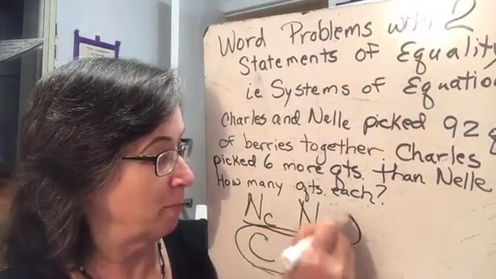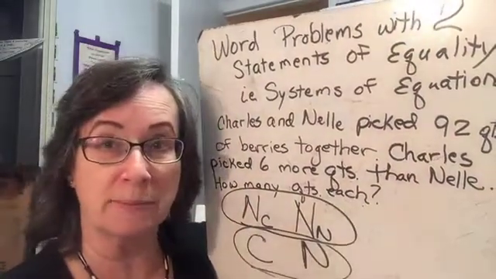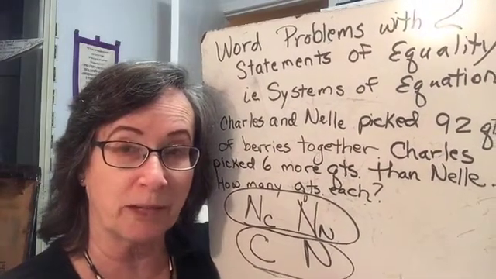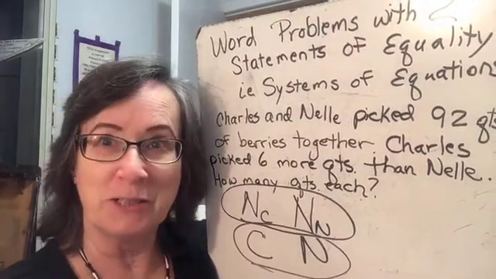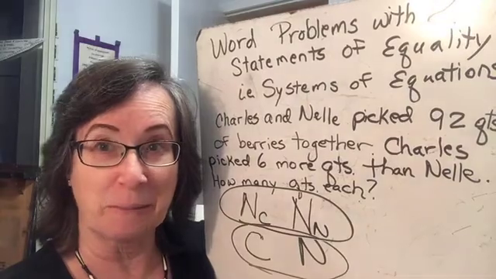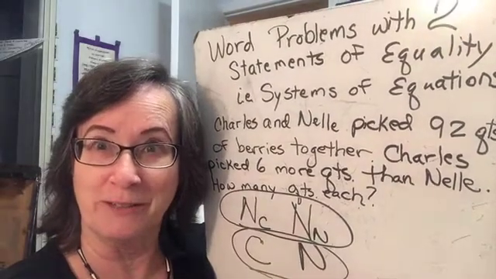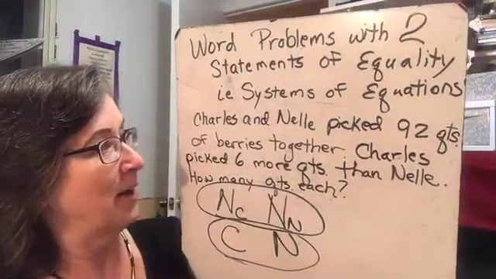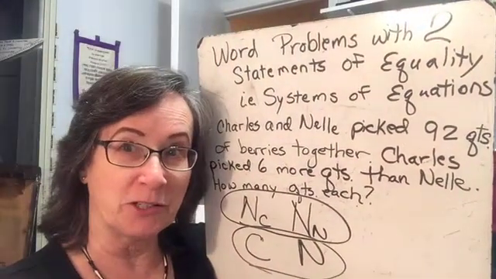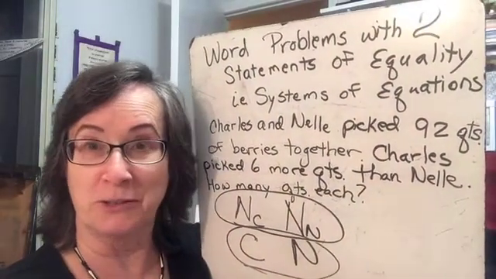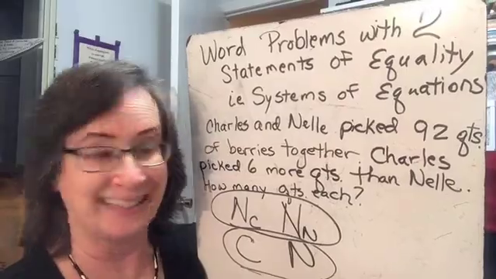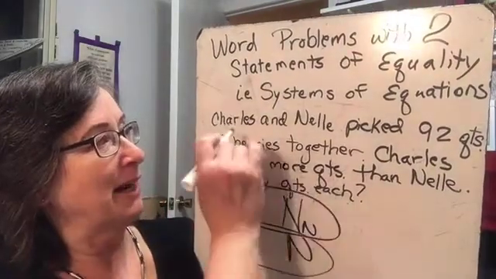Your teacher may prefer that you use the subscripted variables that are in your book. You need to do what your teacher would like you to do because your teacher's in charge of you. All right, so maybe someday you'll be a teacher and then you'll be in charge of your students and the way they do things. So here we have Charles and Nellie.